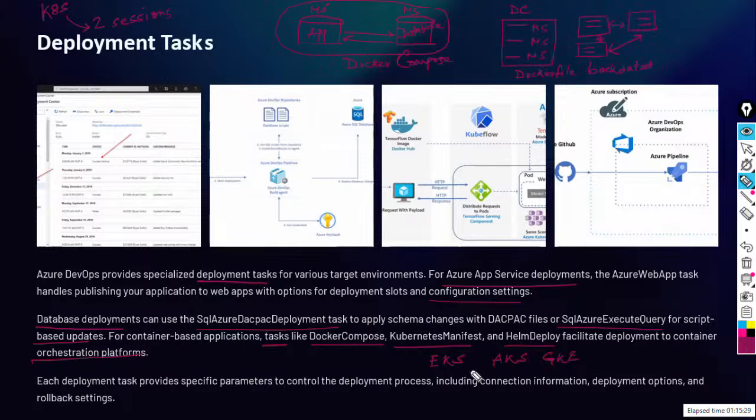So EKS for AWS. This is SaaS, software as a service, so you do not have to do a lot of things. You just have to use the Kubernetes services from the EKS of AWS, and everything will be given to you. So your life becomes too easy, too simple.